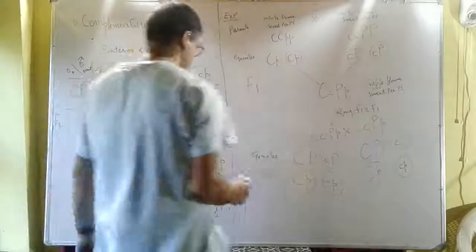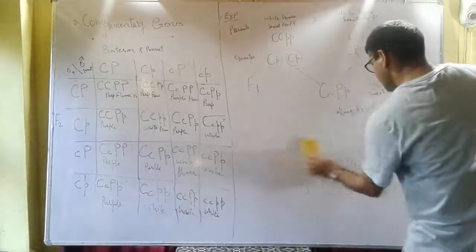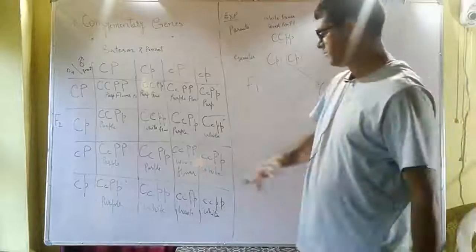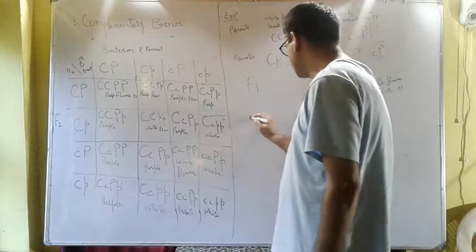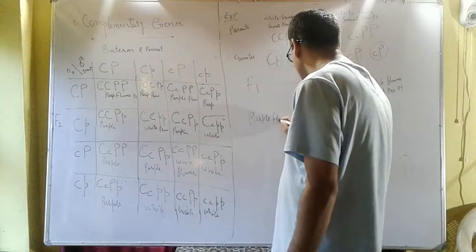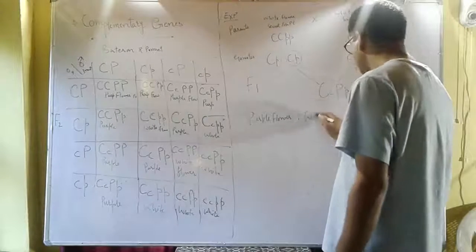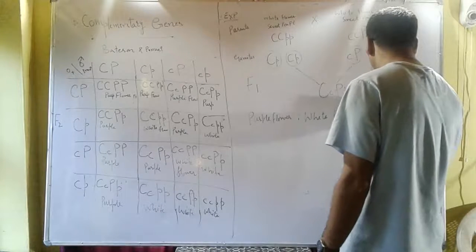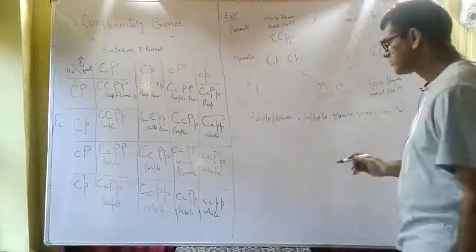I will explain the ratio. This is the complementary gene action in case of sweet pea Lathyrus odoratus. So we'll have the phenotype purple flower sweet pea plant to white flower sweet pea plant.